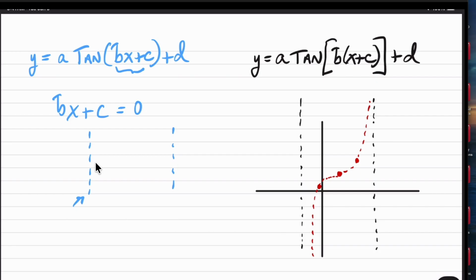Then I solve for x, and that gives me my phase shift. That gives me the starting point. That gives me the first vertical asymptote.